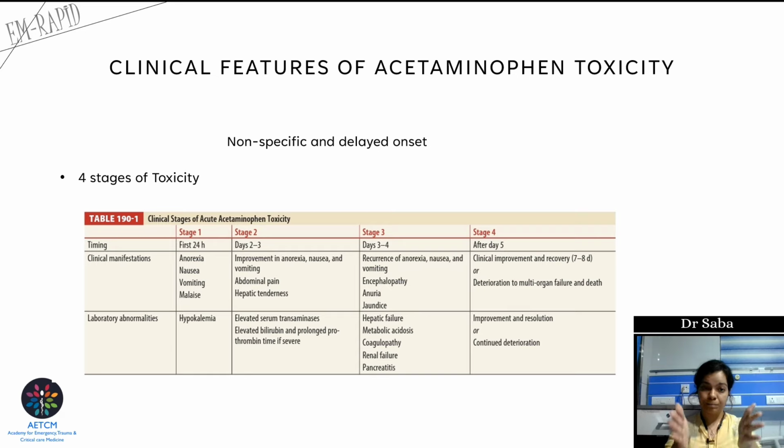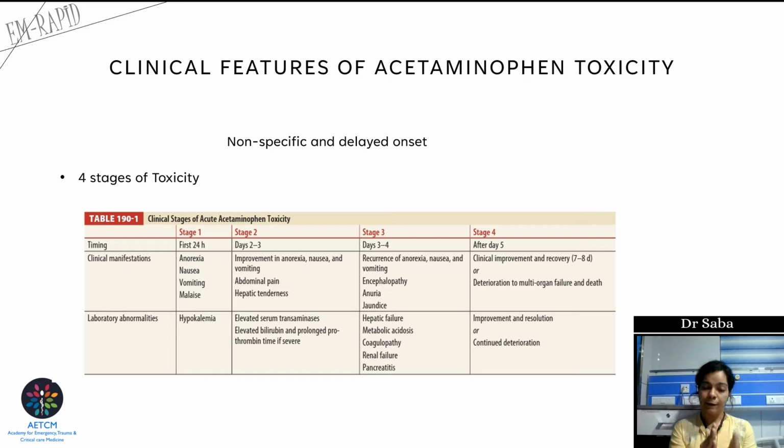Now this is the peak time wherein the paracetamol toxicity will blow up, and lab investigations will show hepatic failure, metabolic acidosis, coagulopathy, renal failure, and pancreatitis. All the complications of acetaminophen toxicity will peak from day 3 to day 4, and this is the most dangerous stage wherein the patient can even end up dying if not treated promptly and early.